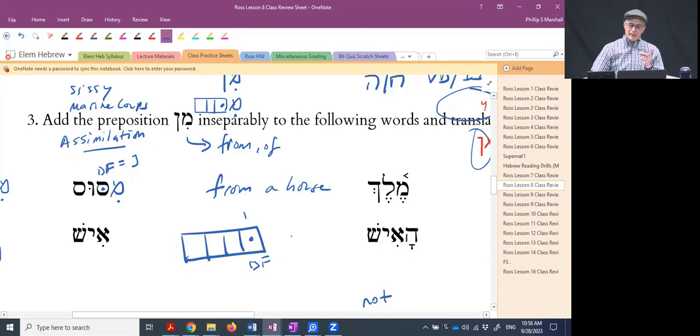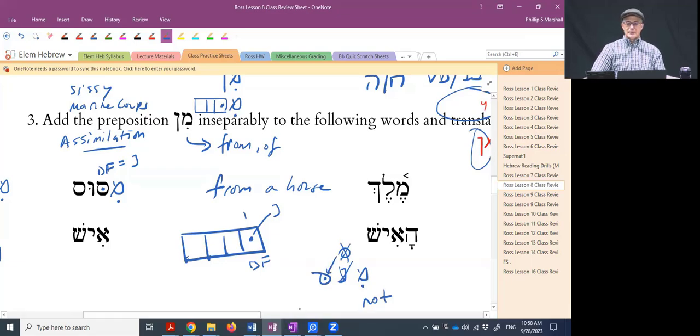But why is it doubling? It's not doubling because I am starting with two of the same consonant. It's because that doubled consonant represents a noon that assimilated to whatever the root's first consonant is. So if my word starts with a samech, min added to a word that begins with a samech, the noon becomes a samech, and then the samech becomes a dagesh forte there.